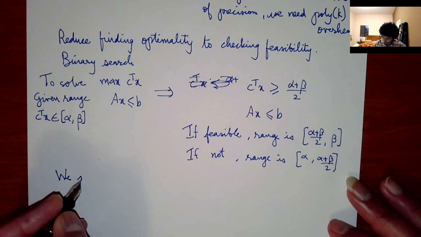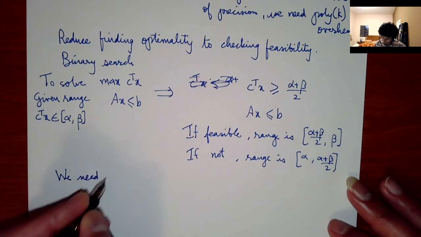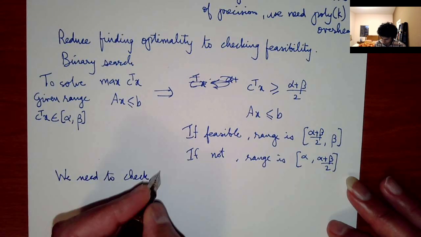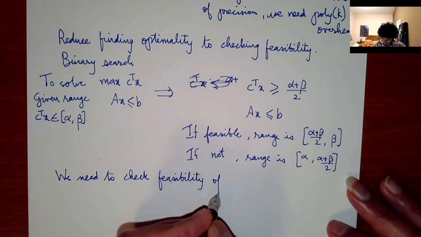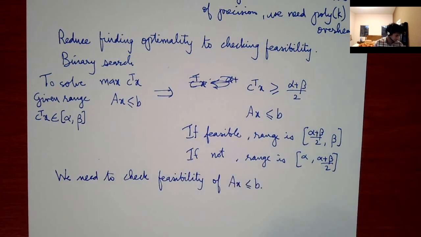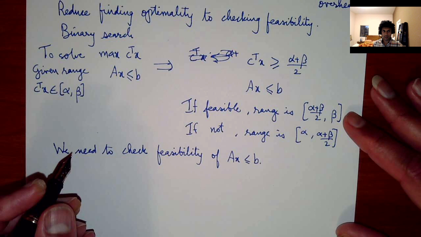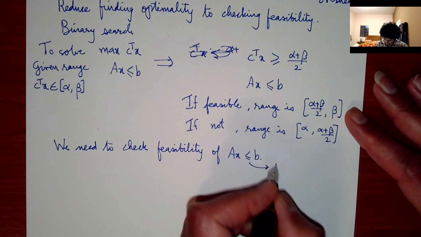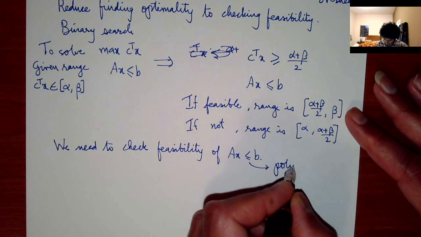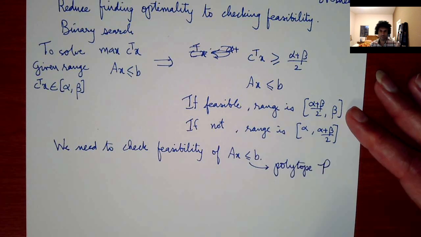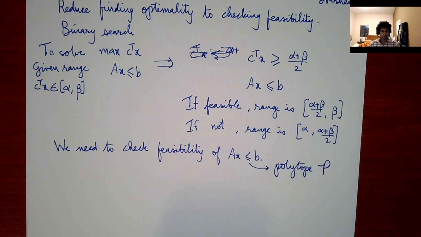So we need to check feasibility of AX less than or equal to B. So here's the main idea. So this is some polytope. Polytope, polyhedron, let's just say it's a polytope.